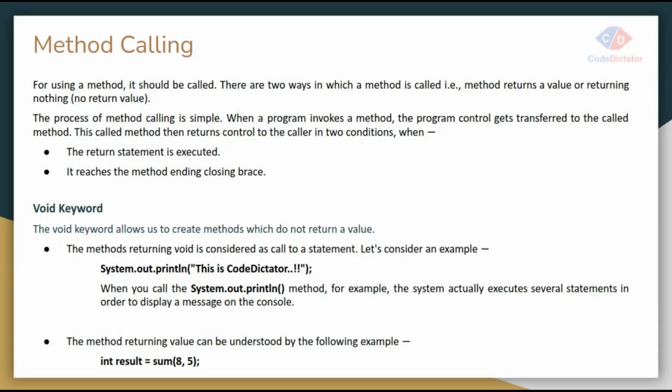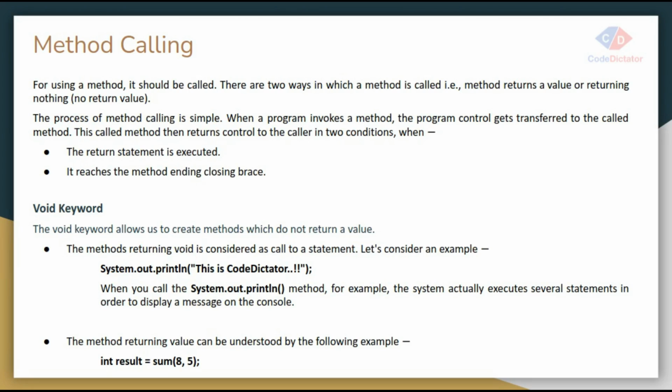The process of method calling is super easy. Whenever your program invokes a method, the program control gets transferred to that called method. So it will jump your process to the called method. Don't worry, we are going to do it practically as well, and I will show how it works internally.